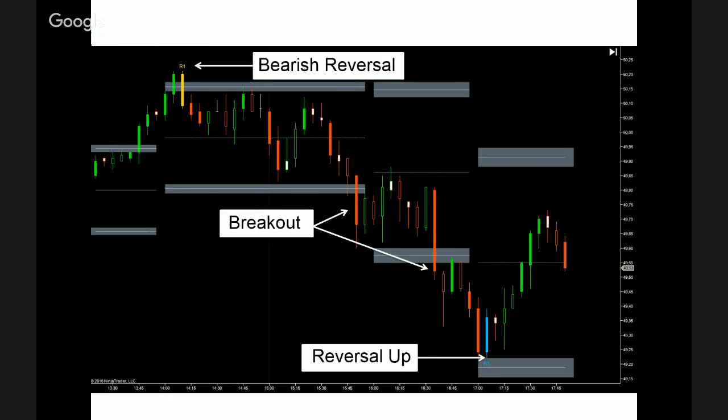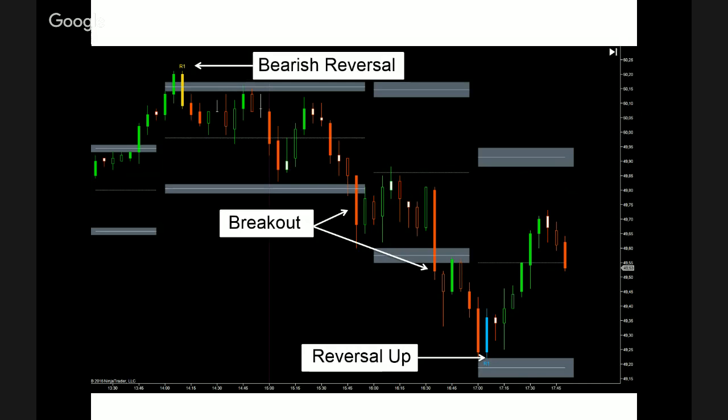And most importantly, we can look at exactly where these reversal bars are to plot. So here we see a reversal up at the lower part of the range. And here we have a reversal down at the upper part of the range. We can also set to see reversal patterns at the mid-range. This would probably be one right here.